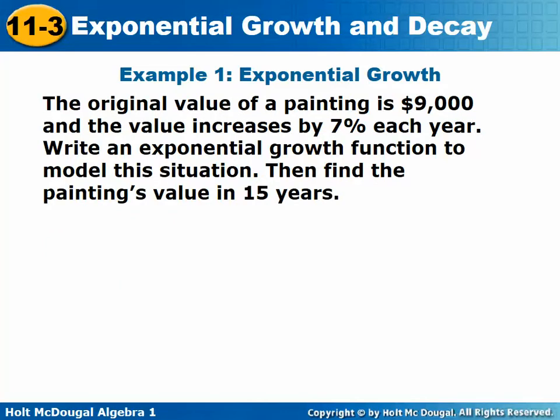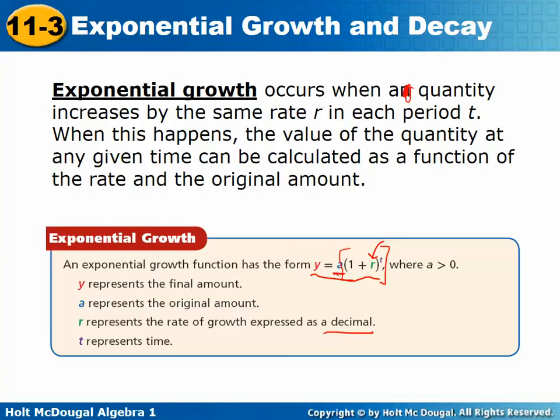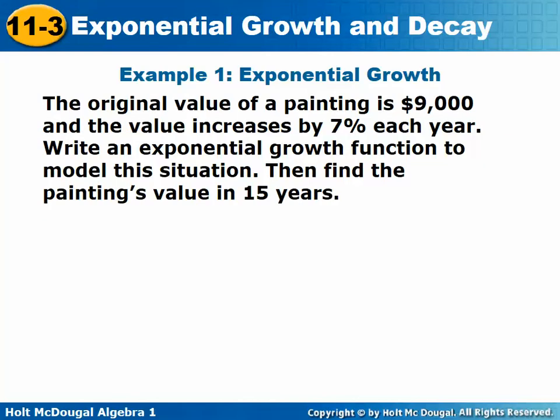Here's an example, and your problems are going to look just like this. The original value of a painting is $9,000. In the formula, that is our original amount A. And the value increases by 7% each year. 7% as a decimal is 0.07, and that's going to be our R, our rate.